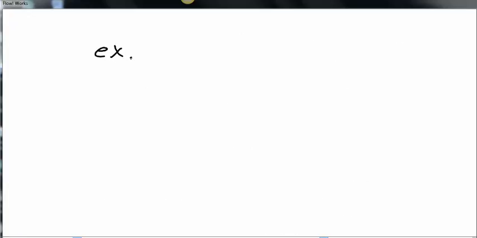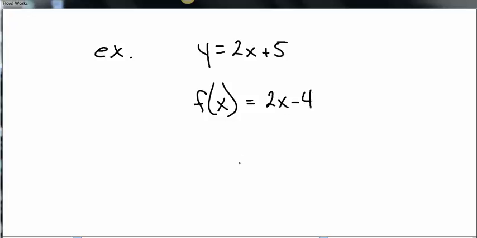And here are some examples of a function. Here's what a function looks like. A function could look like this: y equals 2x plus 5. Function notation is when you write f of x, short for function of x. The function of x equals 2x minus 4.